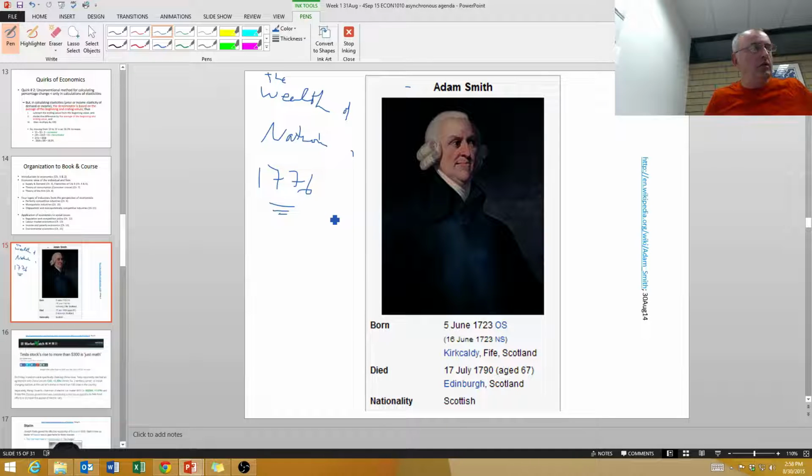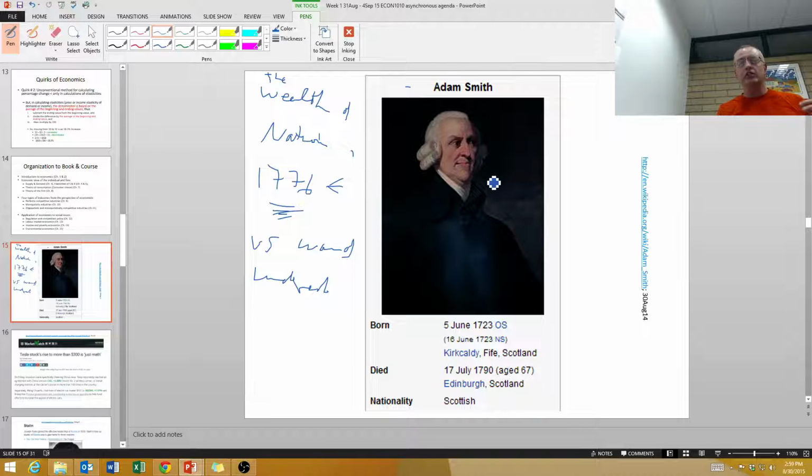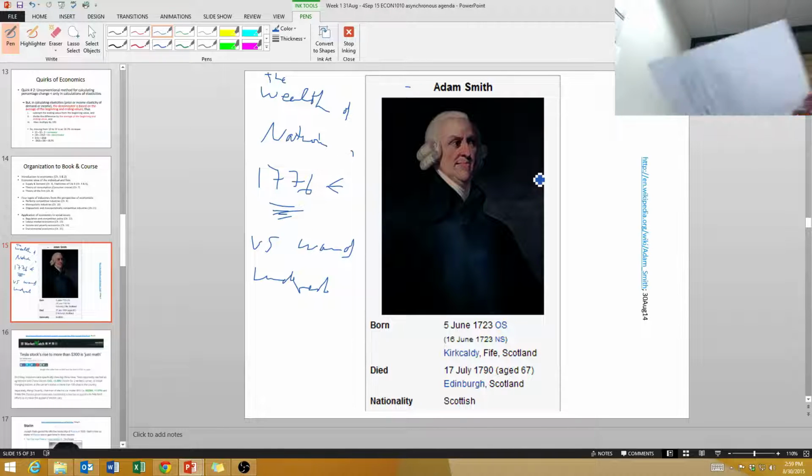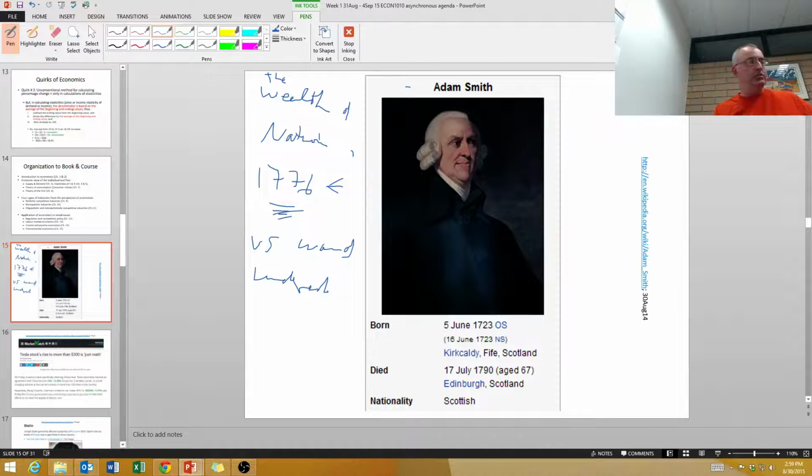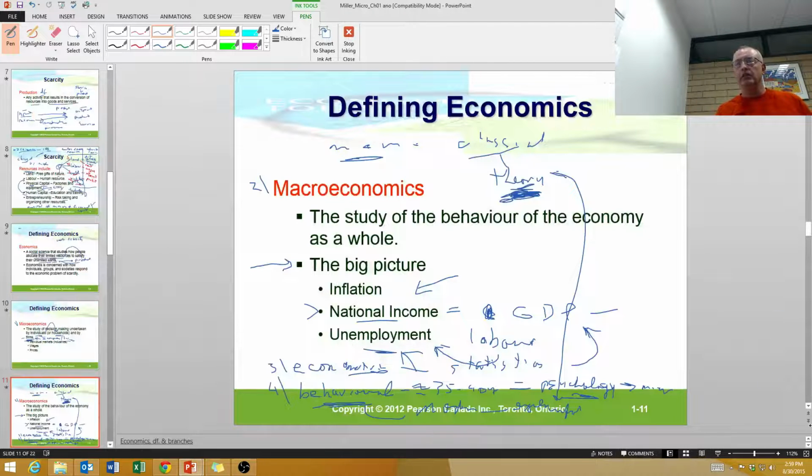We all know a little bit of history, and I'm sure most of you know that the other key event in 1776 was the U.S. War of Independence. The United States was formerly a colony of Britain, and they succeeded in breaking away and became an independent country. Coincidentally, that's the same year that Adam Smith published The Wealth of Nations. Anyways, we'll come back to The Wealth of Nations a little bit later. That's our patron saint of classical economics, Adam Smith.